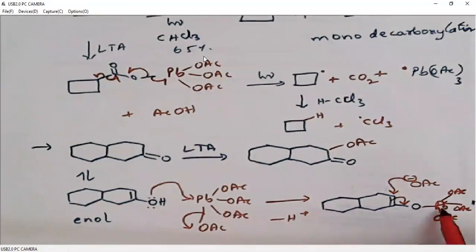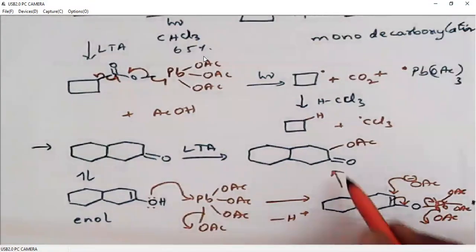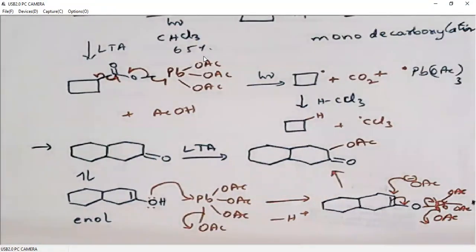Then the oxygen-lead bonding electrons will be pushed towards lead. So lead will be reduced, and another OAc minus will also be leaving. So this is how we can generate an alpha-OAc from a carbonyl.